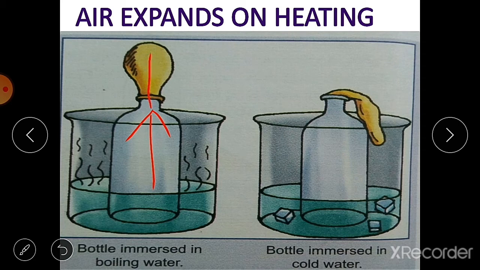Okay, the reverse process takes place in the other bottle, that is the bottle which is kept inside the cold water. Okay, the air inside the bottle, here it contracts, and therefore the balloon gets deflated here. Okay, and this activity proves that air expands on heating and contracts on cooling.